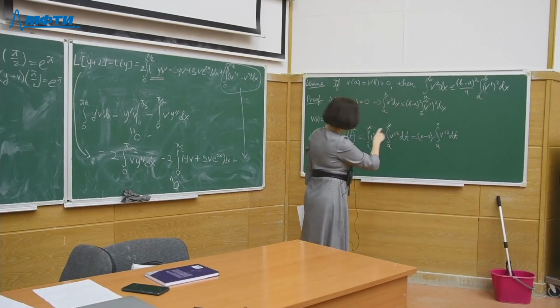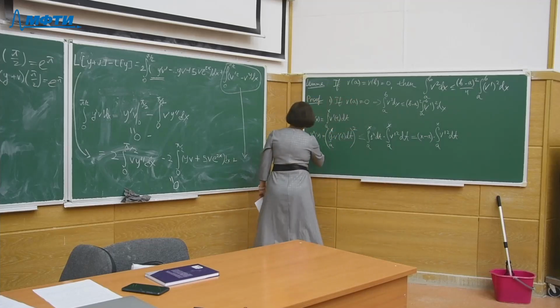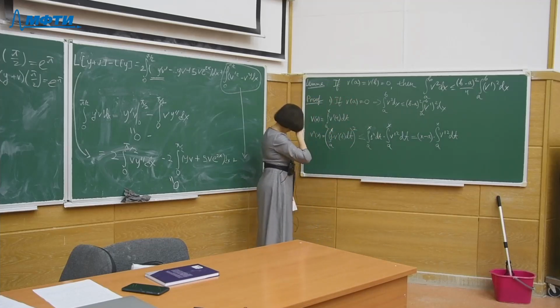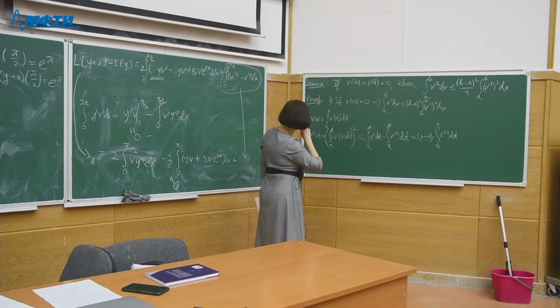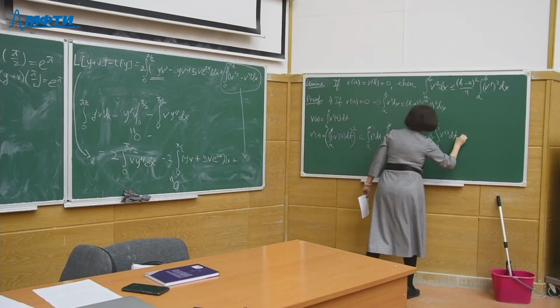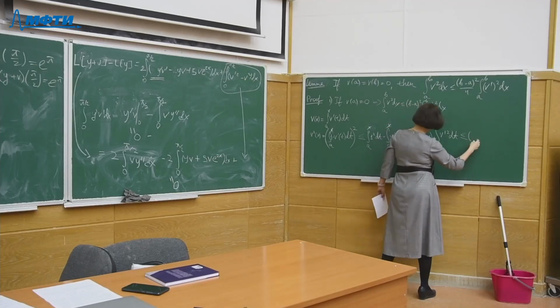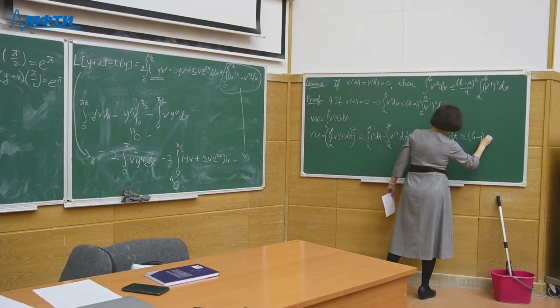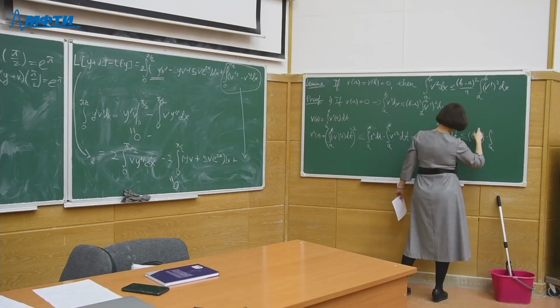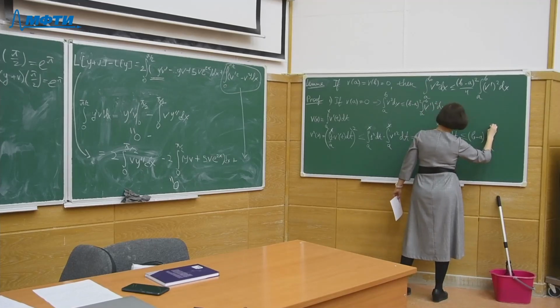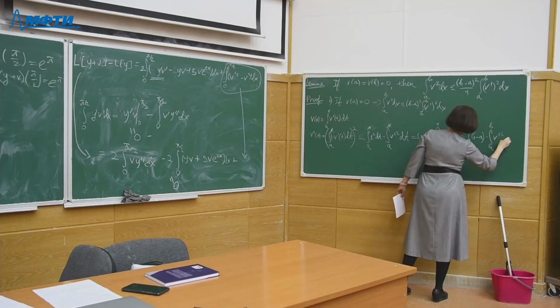Now I want to estimate this. The part x minus a is less than or equal to b minus a, and the last part is less than or equal to the integral from a to b of v prime squared dt.